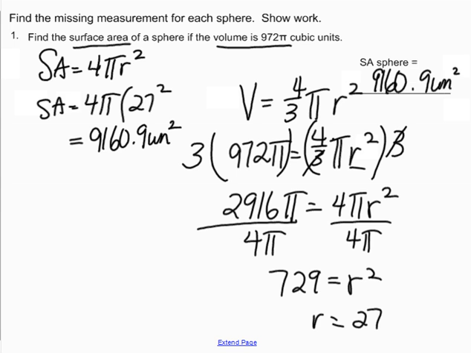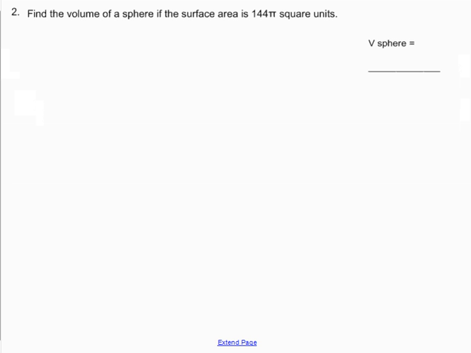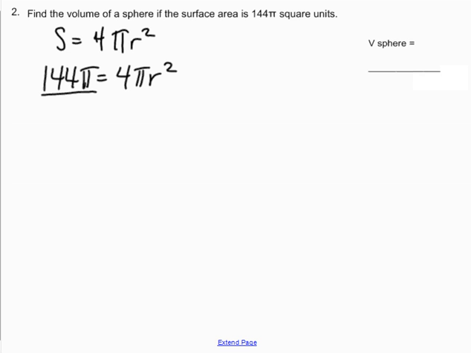All right, last one. Now we have to find the volume of a sphere, and they give us the surface area. So it's again the same kind of thing. We're going to say the surface area equals 4 pi r squared. So the surface area is 144 pi equals 4 pi r squared. Divide by 4 pi.